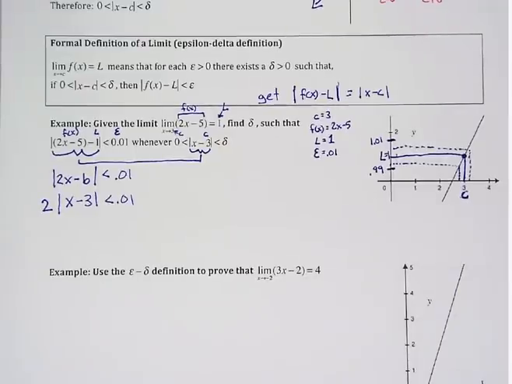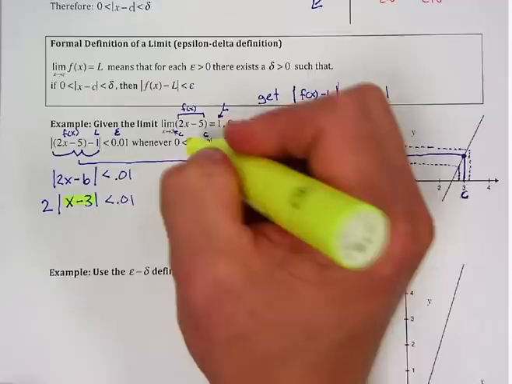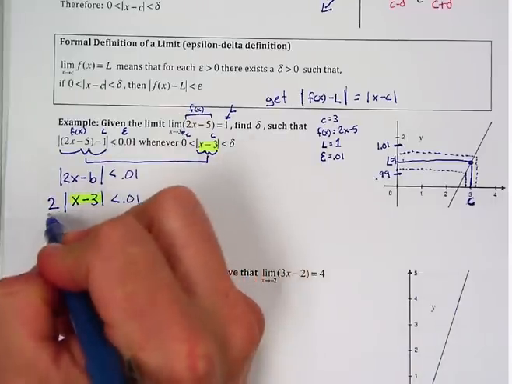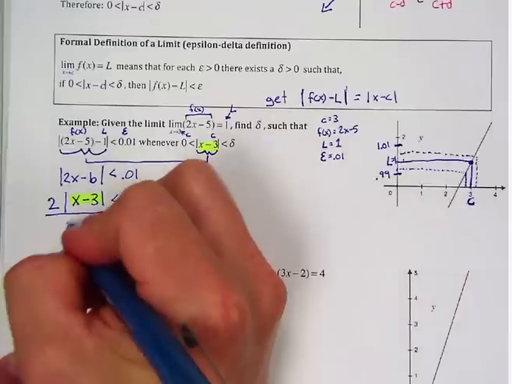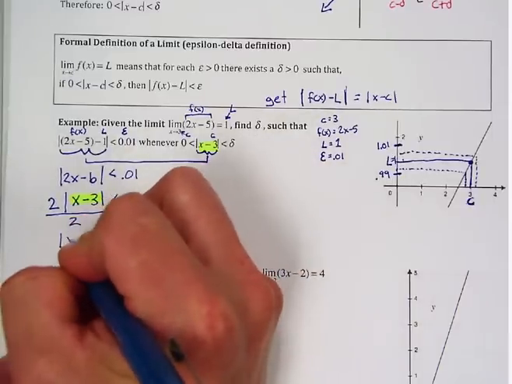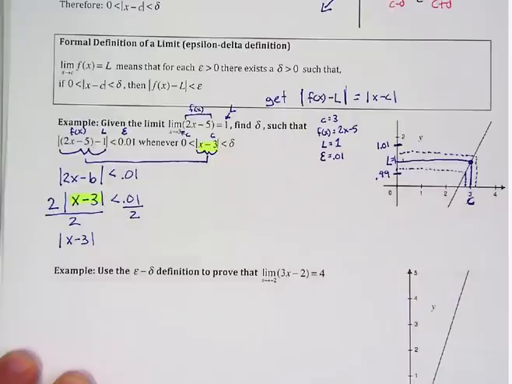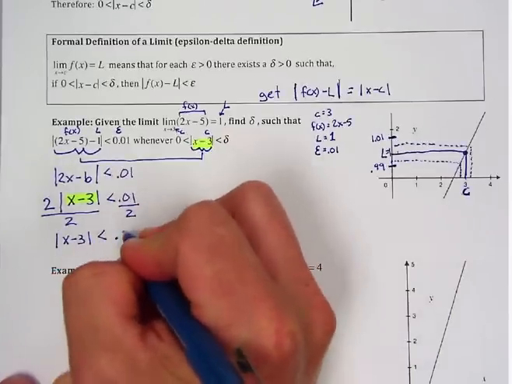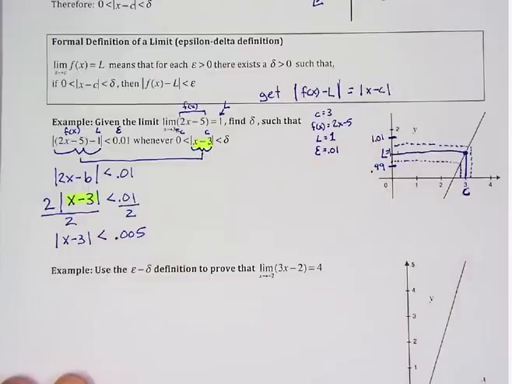Now, hopefully, at this point, you can see that the x minus 3 and the x minus 3 in the absolute value are the same. Okay, so that's what we want to do. Now we want to just go ahead and get the absolute value of x minus 3 by itself by dividing by 2. So we're going to say x minus 3 absolute value is less than 0.005. So that's 0.01 divided by 2.